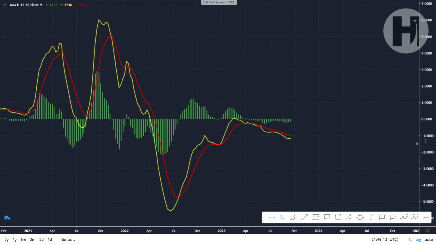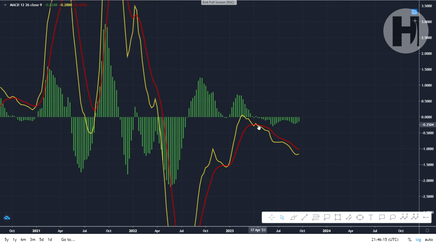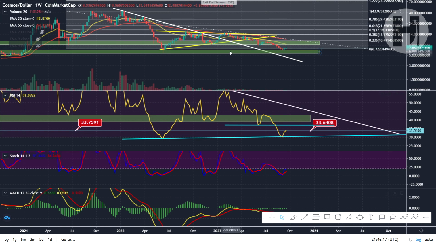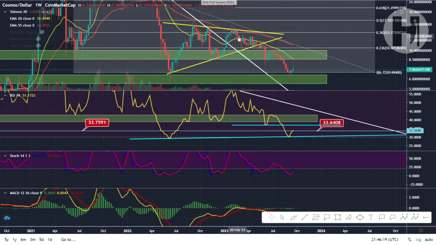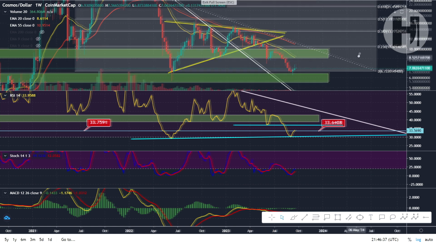Taking a look at the MACD, you can see we printed our bearish cross back in April 2023. So that was a major indicator telling us that the continuation of the downtrend is what's probably going to be happening here. So if you took profits there before you broke down below this short-term support trend line that we had, then you could have potentially secured yourself with a 40% discount. But obviously you can't look into the future too much.